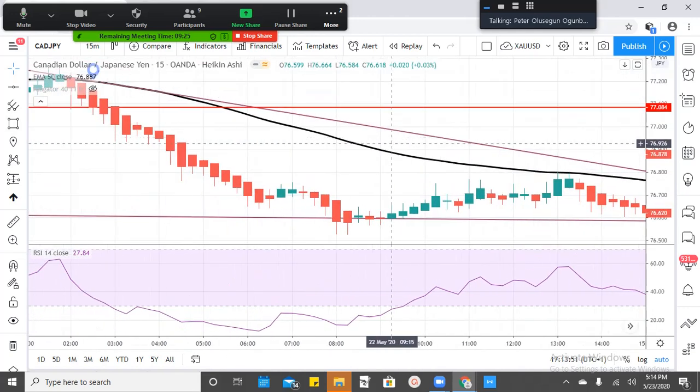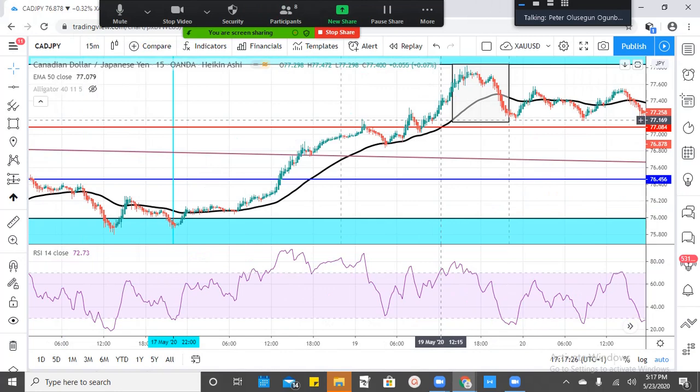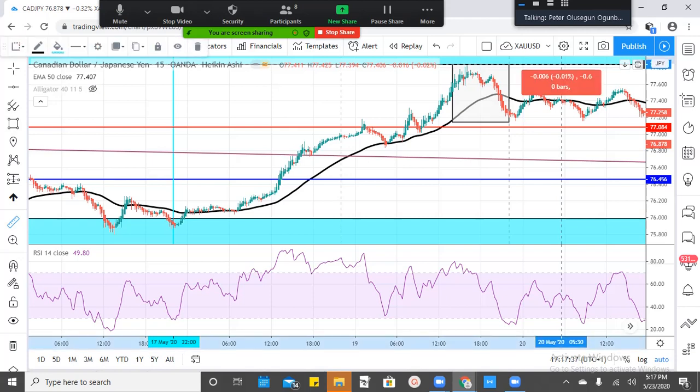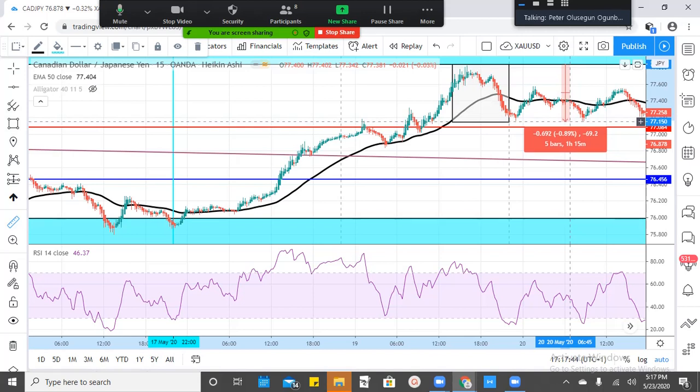I'm going to find the middle of this box. I want to see how many pips from the top to the bottom of the box. If you measure from the top to the bottom of the box, it is 69 pips, about 70 pips. The price at that level is 77,150.